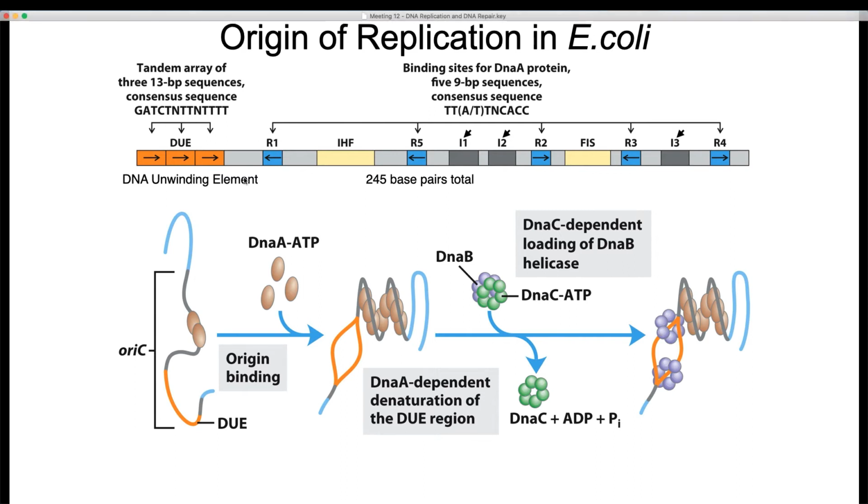So what we have is that DNA A is going to bind to these sequences here shown in gray. They are going to be what's responsible for separating the 2 strands of DNA at the DUE region. And DNA B is going to be recruited by DNA C to these sequences, and they are helicases.